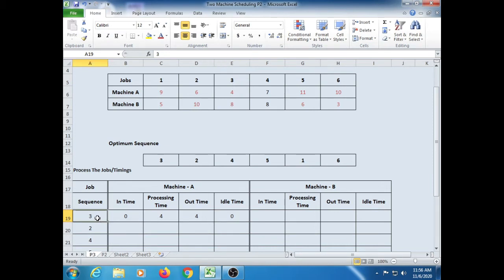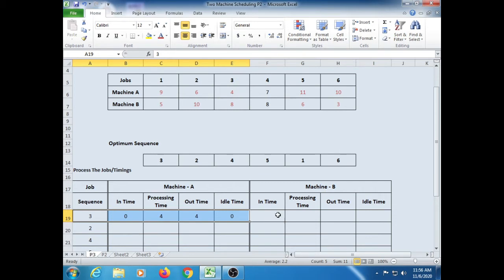So the third job we processed on machine A, then the same job we have to process on machine B, then the job will complete. That is the sequence: first we have to process the job on machine A, then we have to process the job on machine B, then that job will become complete, right?